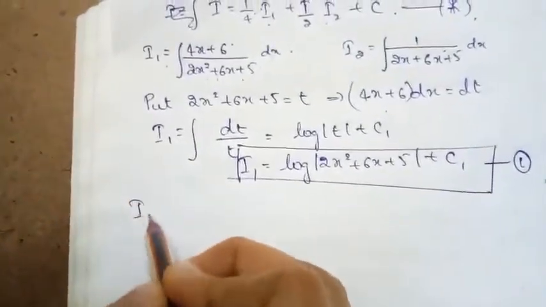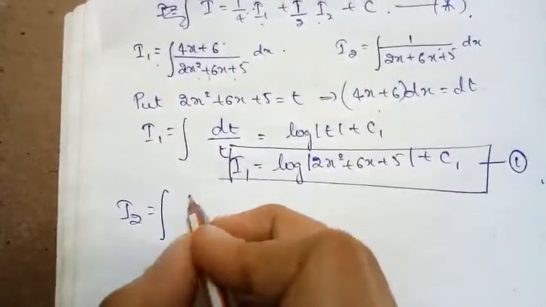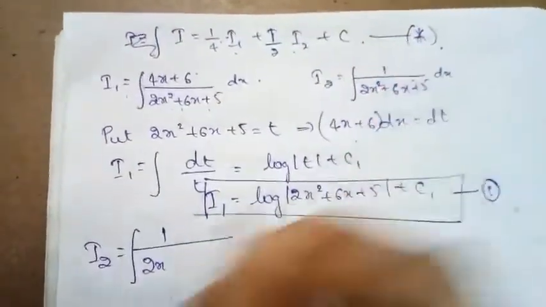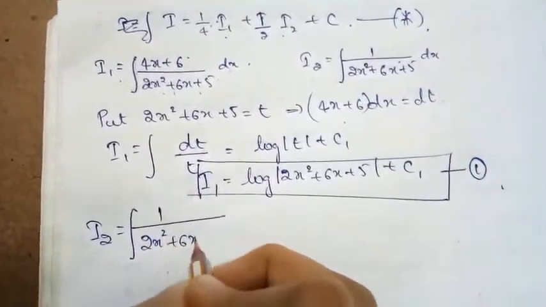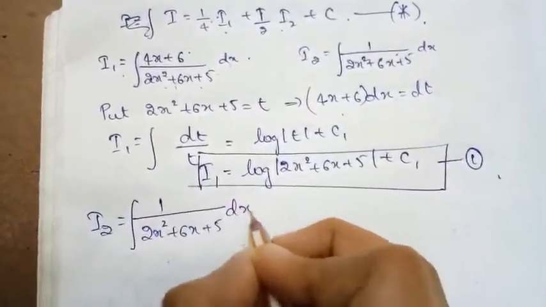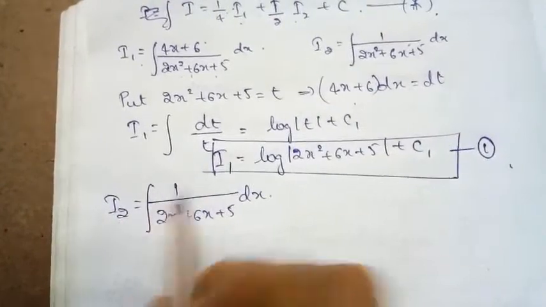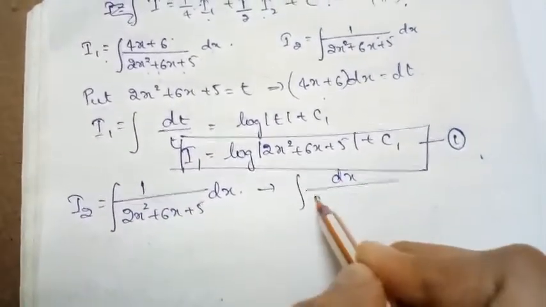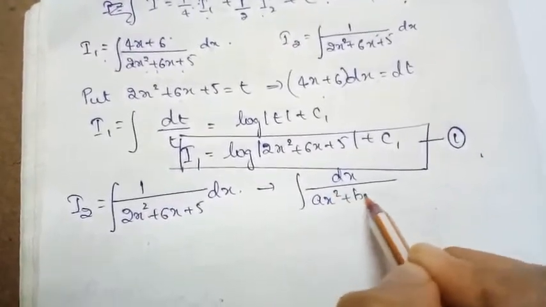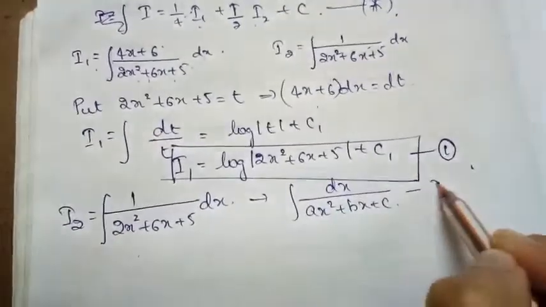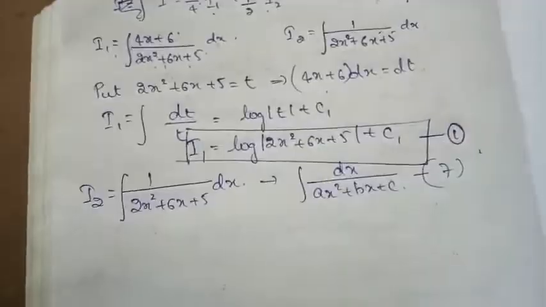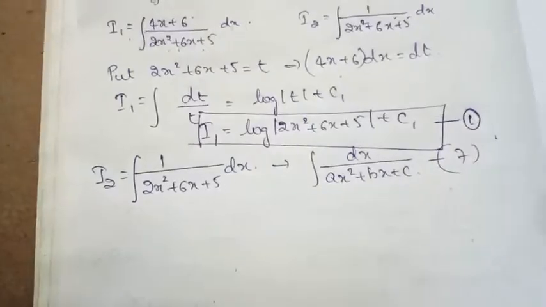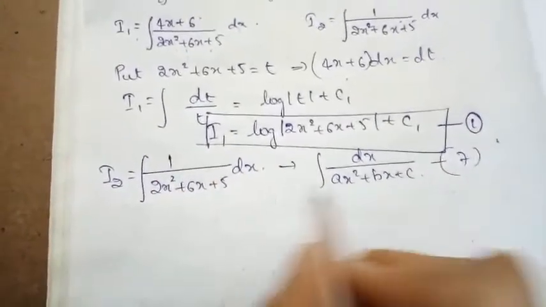The second thing now I am considering, that is I2, that is integral of 1 divided by 2x square plus 6x plus 5 into dx. So now clearly you can see this I2, it is in the form of dx divided by ax square plus bx plus c. So this is the seventh special form of an integral which I have explained regarding this in the first part of the video itself.